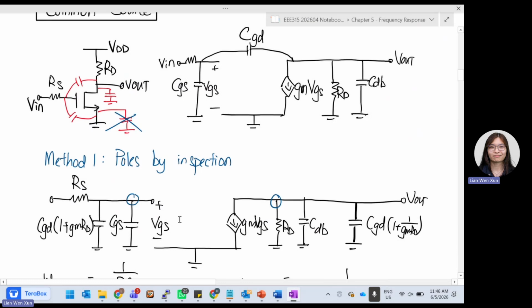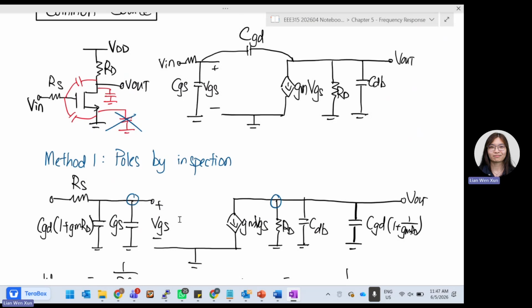Miller's effect states that Z1 will be equal to Z over 1 minus A, Z2 equals Z over 1 minus 1 over A.